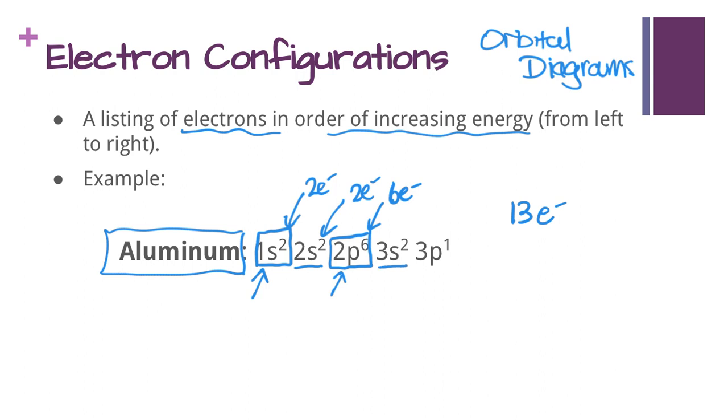Continuing on, we fill 3s next with 2 electrons, and that is 6, 7, 8, 9, 10, 11, 12 electrons. So one more electron goes in one of the 3p orbitals, so we end with 3p1. So it's really just a list of increasing energy from left to right of where the electrons are.